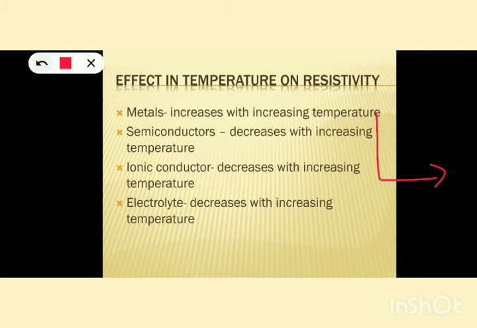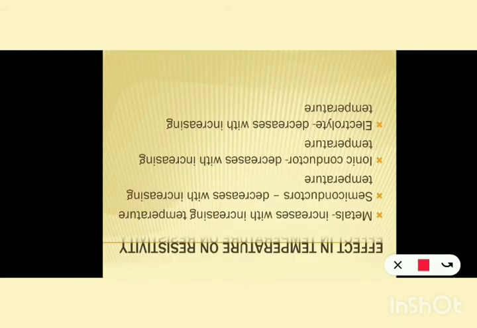And what is the case of ionic conductor? In the case of ionic conductor, when the temperature increases, the ions move faster through the conductor. So the conductivity increases. That means resistivity decreases. And what is the case of electrolyte?